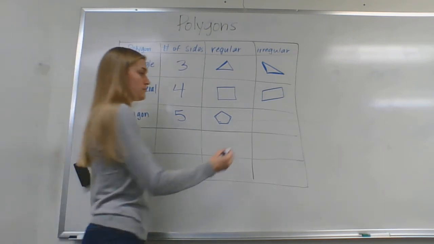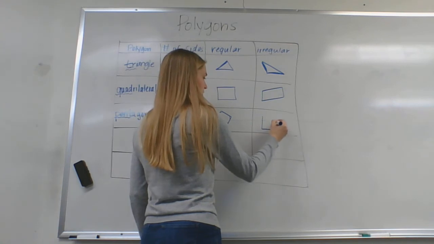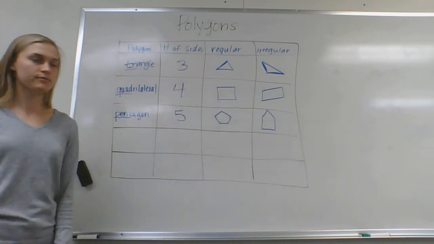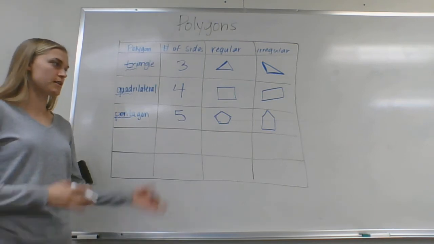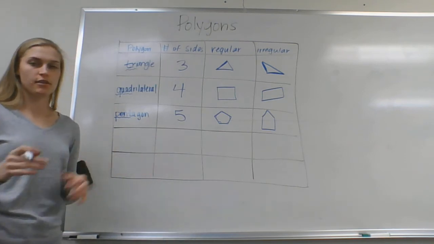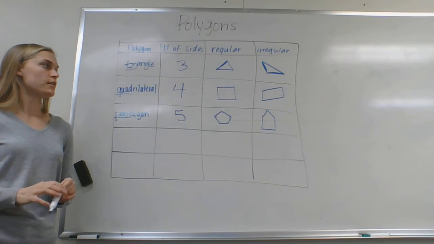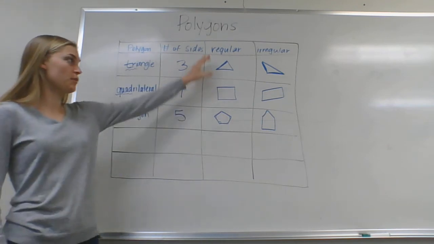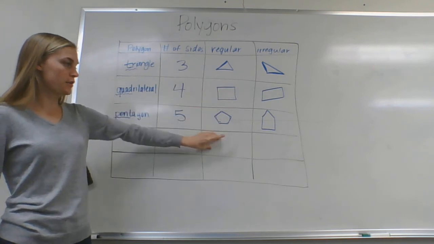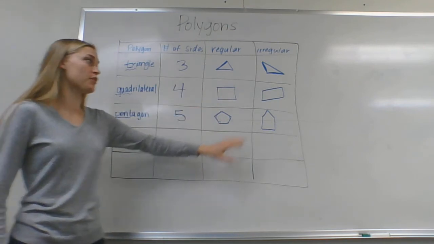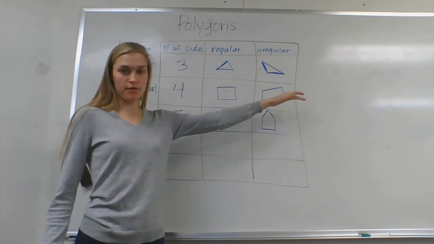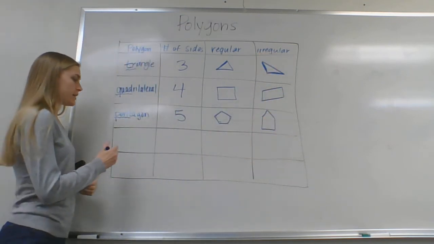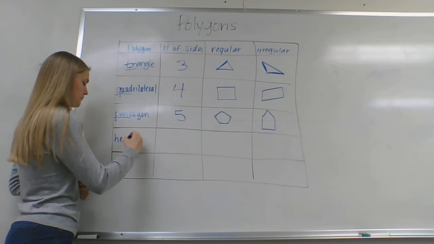Irregular, its sides are different, its angles are different, looks something like a house. It could be any shape. Any shape that's five sides is closed. But that one is an example of an irregular. There's always only one regular of each shape, but there's an infinite amount of ways you can draw the irregular.